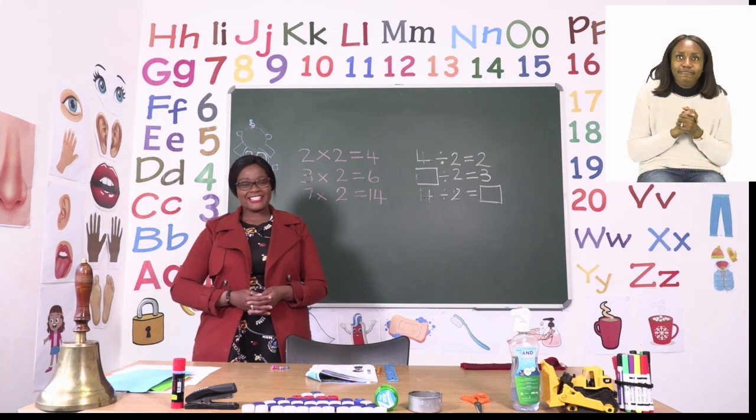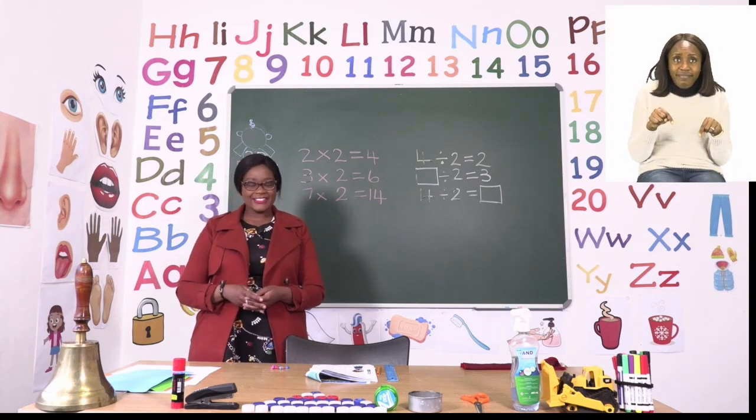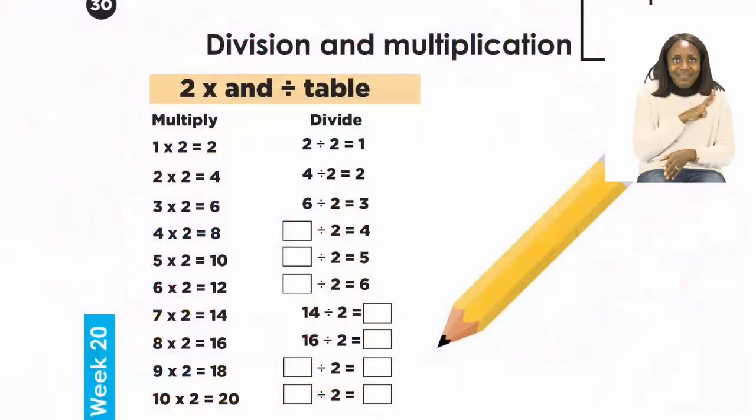For our last exercise today, boys and girls, let's all turn to page 30. On page 30, we are going to be doing division and multiplication. Now we're going to start with the 2 times table, as well as dividing the table as well.